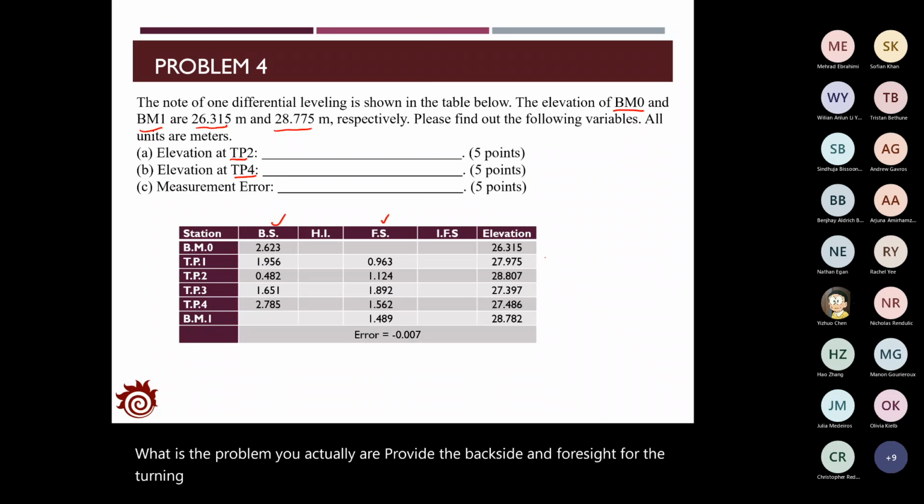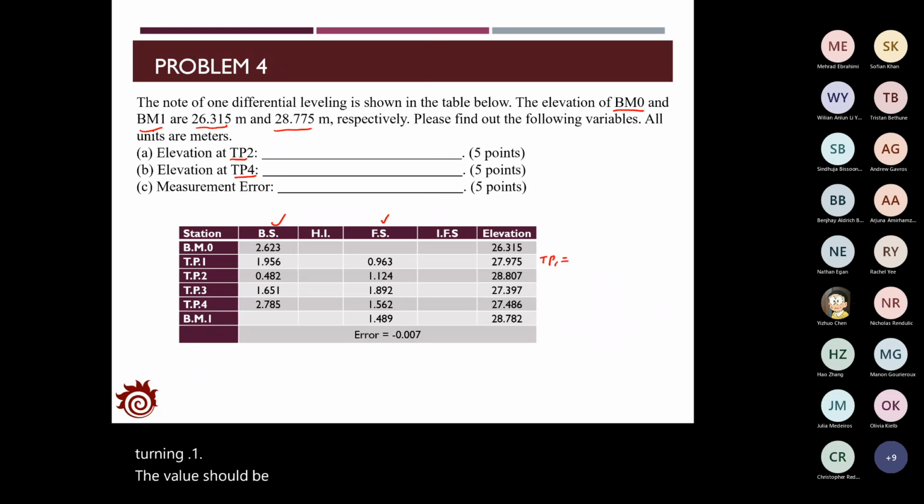For the turning point 1, TP1 should be the benchmark 0 plus the backsight 0 minus the foresight 1.